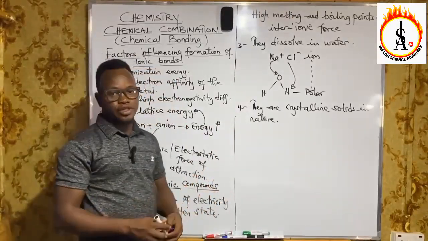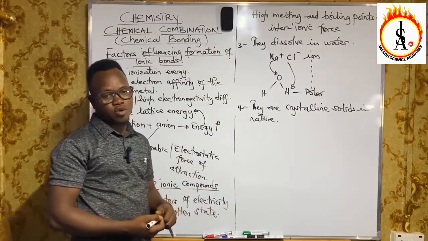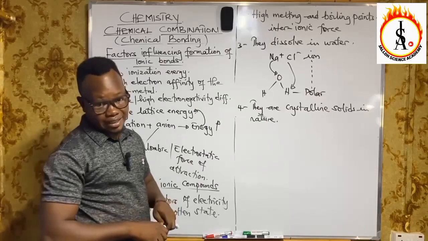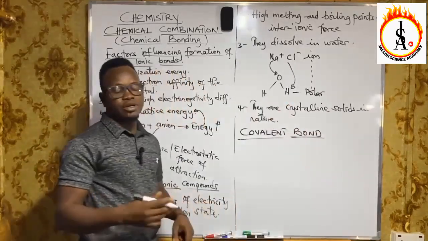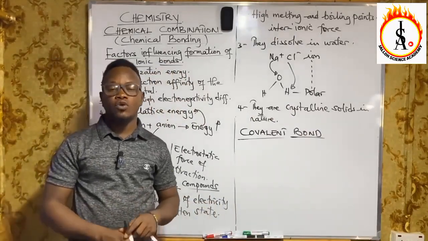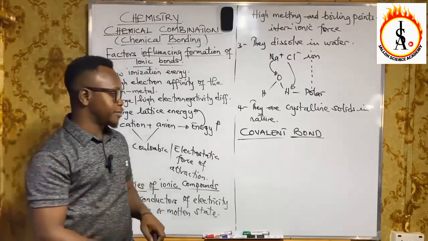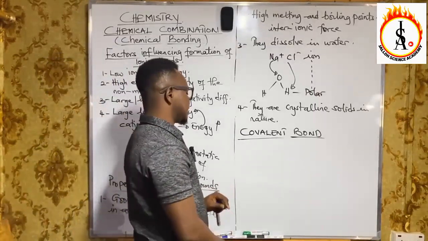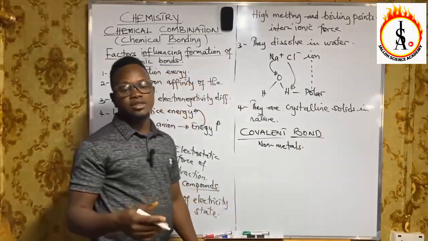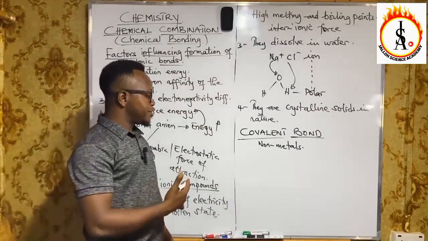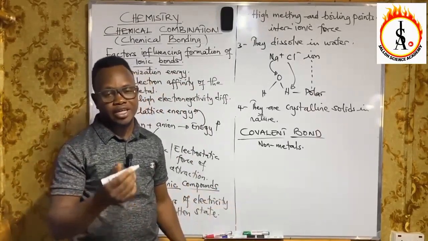So next, we move over to the other type of interatomic bond, which is the covalent bond. When we talk of covalent bond, from the word covalency, it means sharing, and that's mutual sharing. These are bonds that take place between non-metals, wherein each of the reactant species contributes an electron to a shared pair.